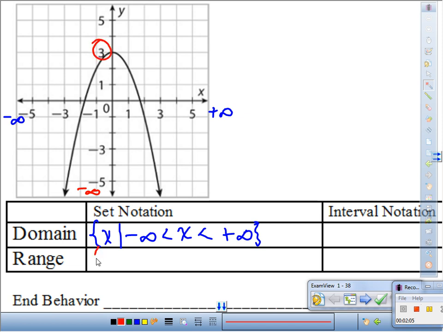So that means our solution set of f of x such that negative infinity less than f of x less than or equal to 3. Why equal to? Because notice this point on 3, it's included on the graph. Why not equal to infinity? Because we never catch up to infinity.